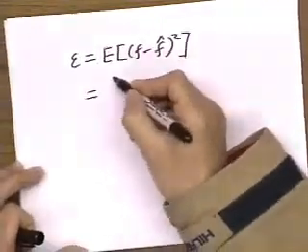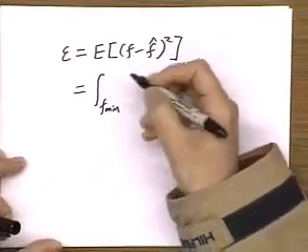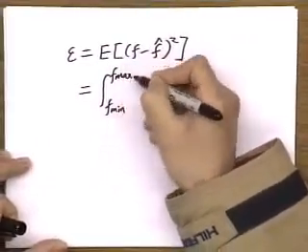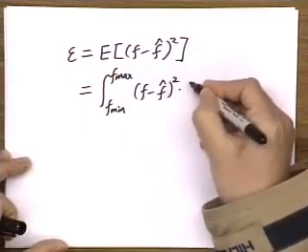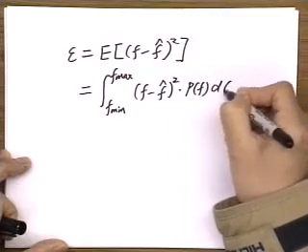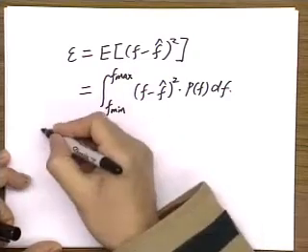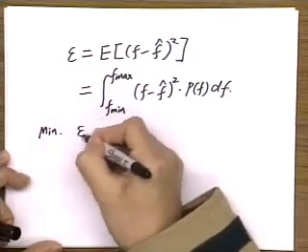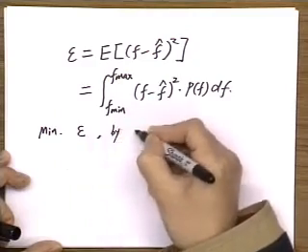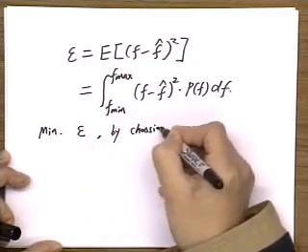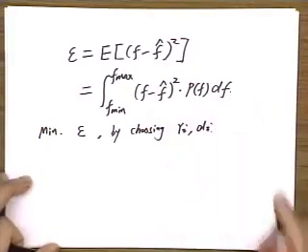And we can do the integral from the minimum value of f to the maximum value of f, of (f minus f hat) squared times pf df. So the problem that I want to solve is that we want to minimize epsilon by choosing different Ri and Di.